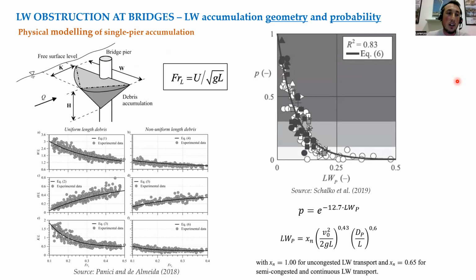We can find in the literature some formulas that define the probability of accumulation at the bridge piers and or bridge decks, due to the fact that we need to know the information about the flow regime, the information about the trees that are living in the area along which the stream flows, and so on.